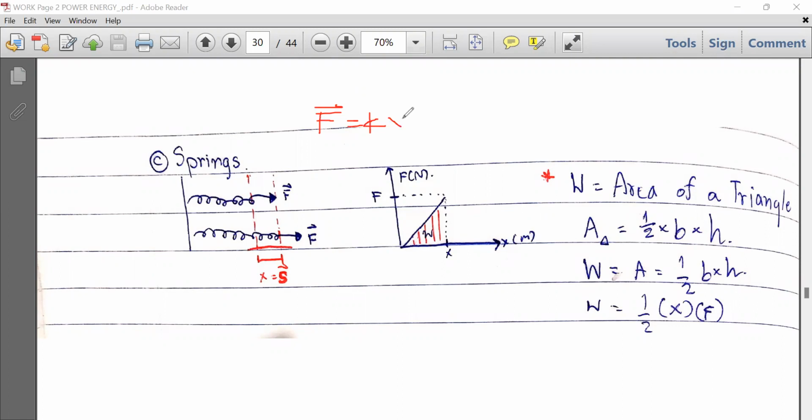What is K and what is X? We call this Hooke's law, after Robert Hooke.